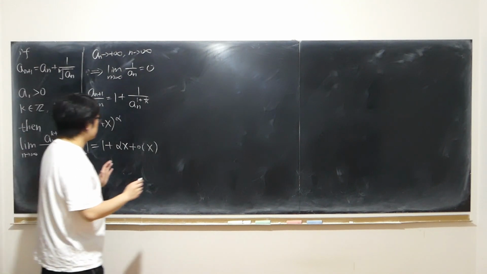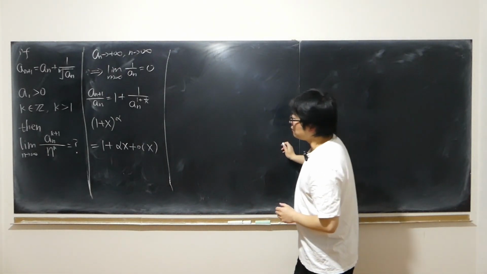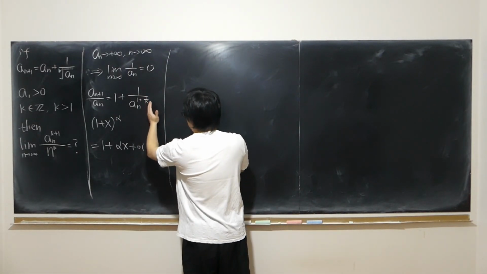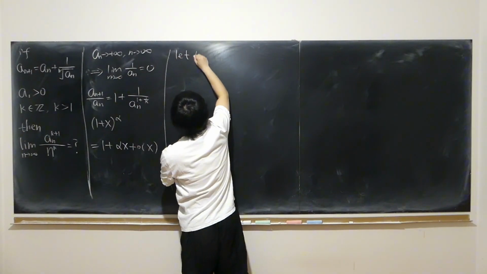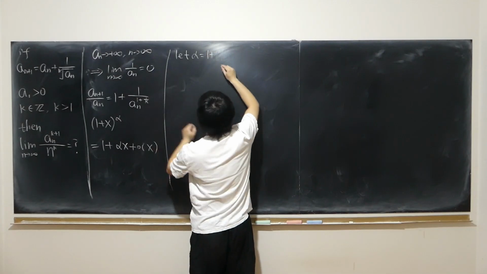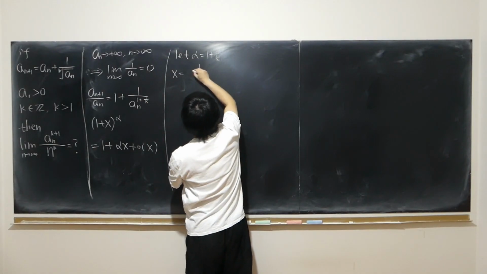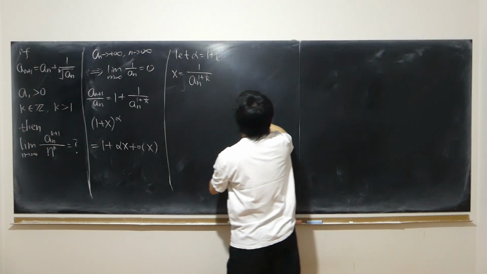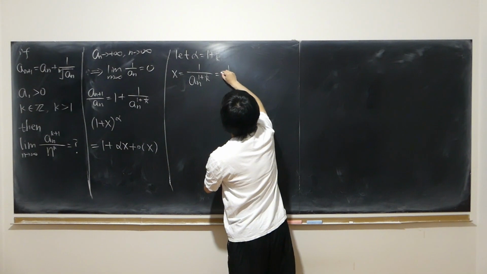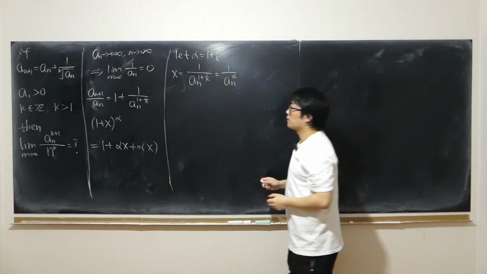That's all I need. And because of that, I let alpha equal 1 plus 1 over k, and I let x equal 1 over a_n to the power of 1 plus 1 over k, maybe a_n to the power of alpha, just for our convenience.